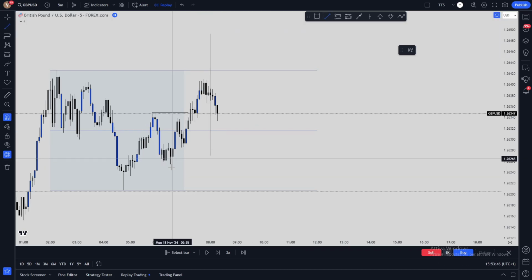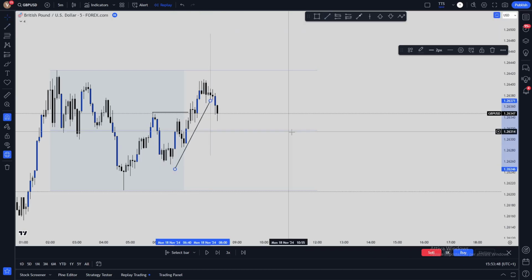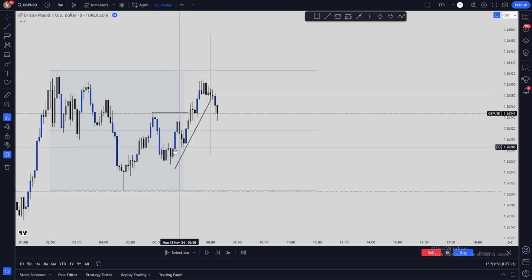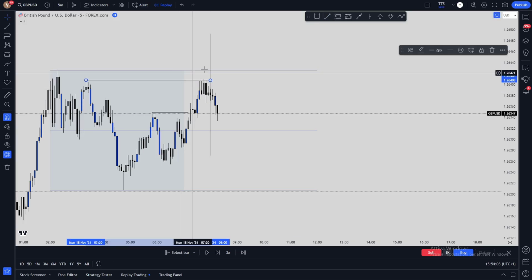If you want, we can probably draw a trend line. I don't really like it because it's fractal liquidity, but you understand the point. We are also faking this relative equal high. I know price swept this high, but for me it's still equal.